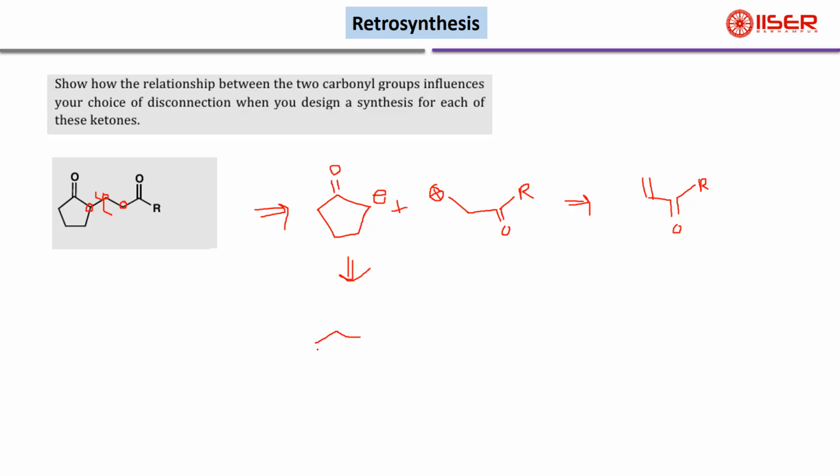In this case, as our synthetic equivalent, instead of simple cyclopentanone, we can use this. Because the negative charge is generated at this place, this proton is highly acidic because of two carbonyl groups, and the nucleophile becomes highly reactive.